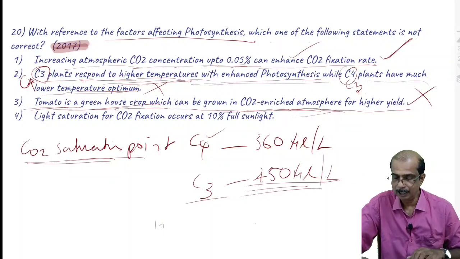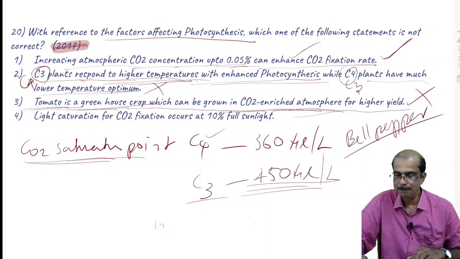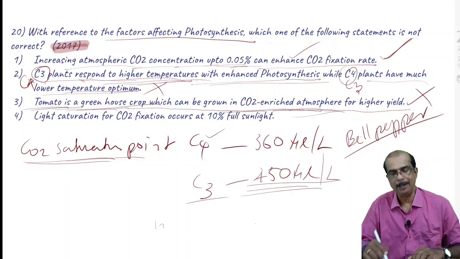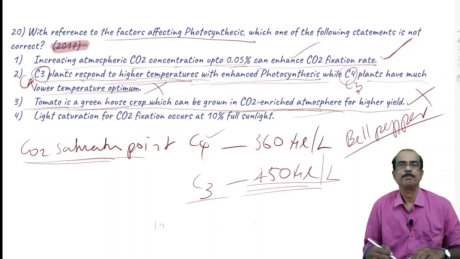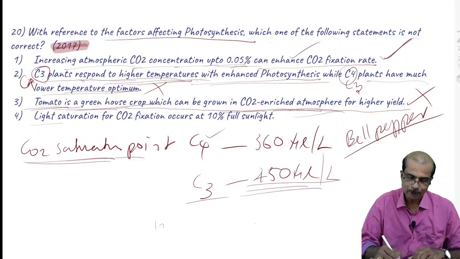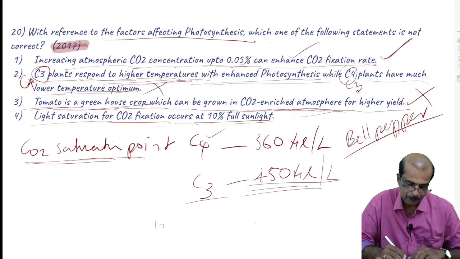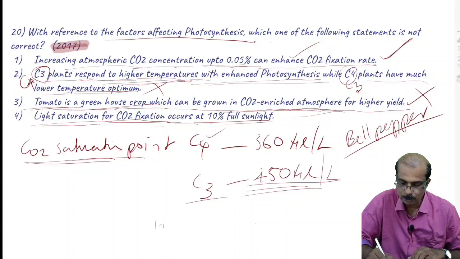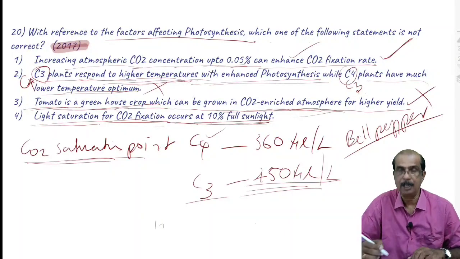There is another plant given in the example, bell pepper or capsicum. Capsicum is also grown in greenhouses for higher yield due to this property. Fourth option: light saturation for carbon dioxide fixation occurs at 10% of full sunlight.